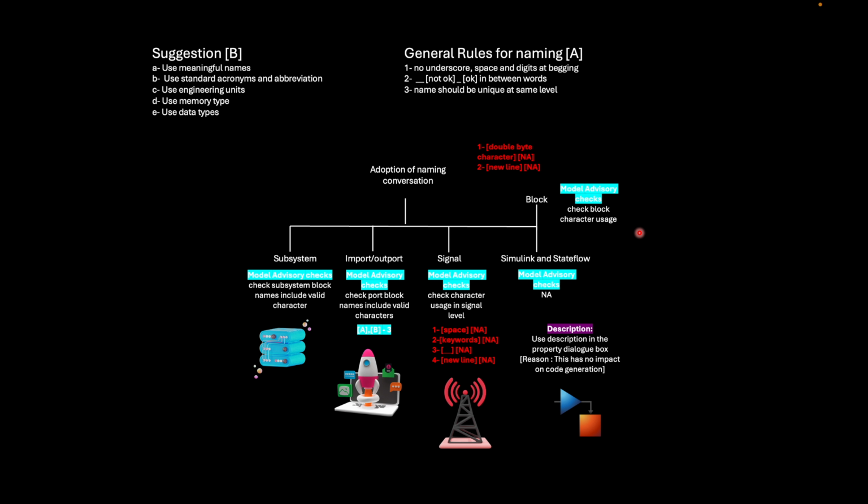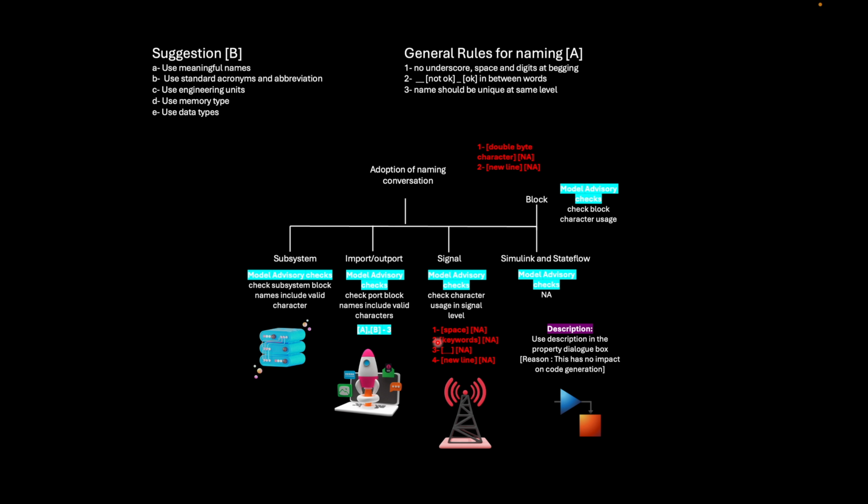How many characters are used in the model and which characters are used in the model is defined in this block related check. So this is a model advisory check. Coming to the rules for input and output, these two rules will be followed.